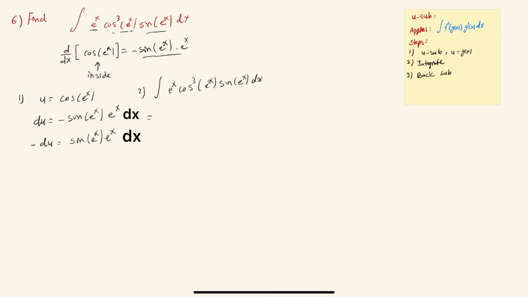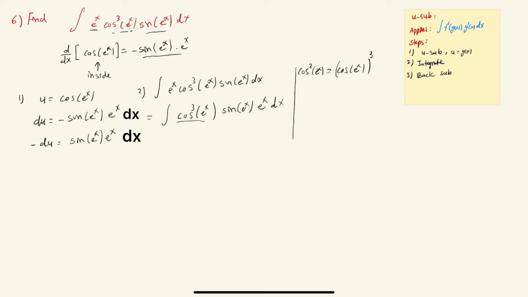For the second step, I'm going to arrange the terms in here. I bring the e to the x, which is the first term, next to the sine of e to the x. Note in here, cosine cubed of e to the x can be written as cosine of e to the x, all cubed.